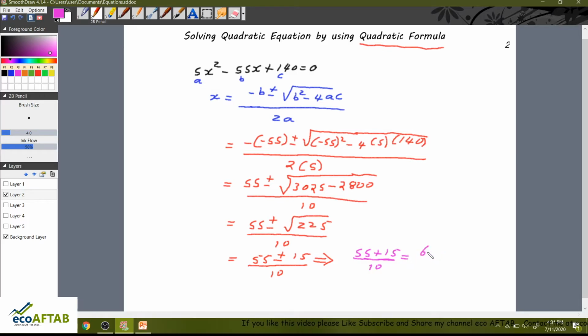I'm sorry, 55 plus 15 is 70 divided by 10, that is equal to 7, or we will get 55 minus 15 divided by 10, that is equal to 40 divided by 10, that is equal to 4.